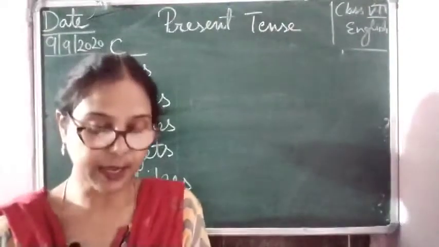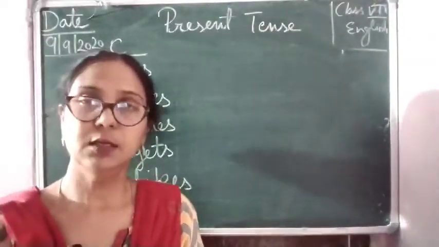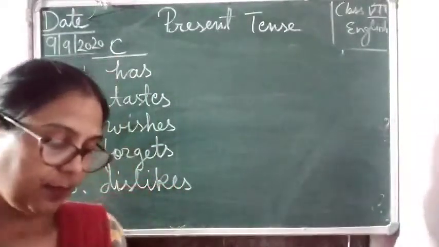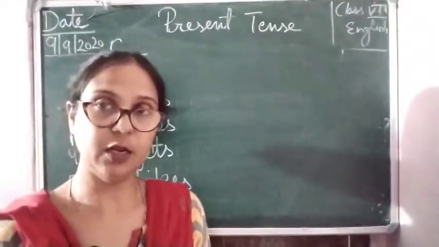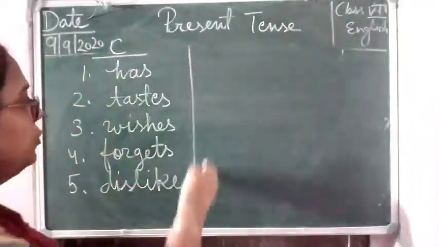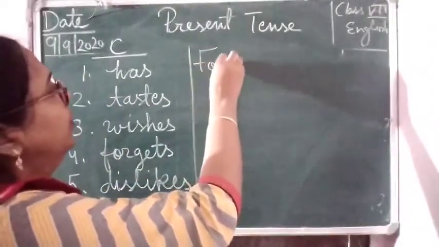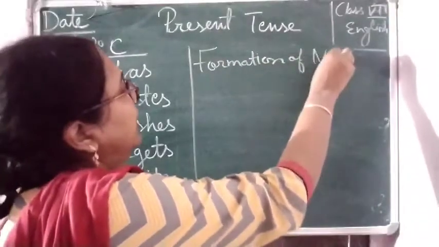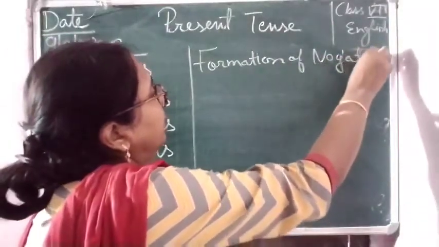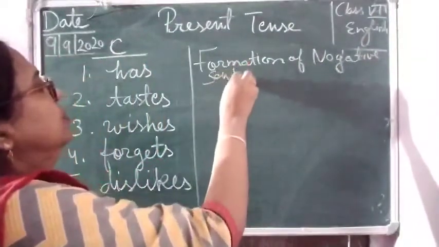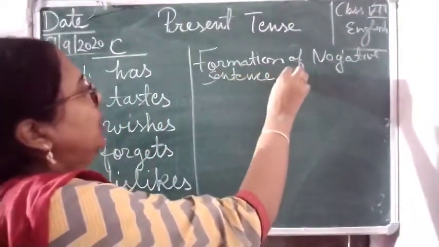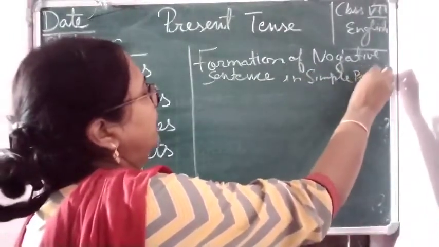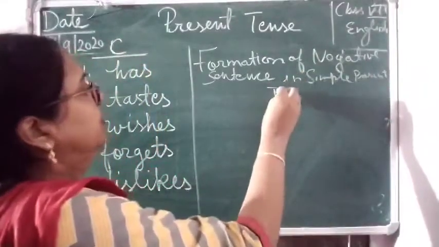Now, after that, we are going to see the formation of negative sentence and interrogative sentence. So here I am going to write formation of negative sentence in simple present tense.